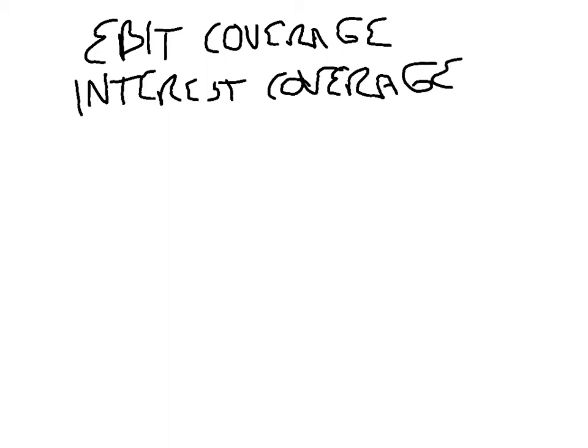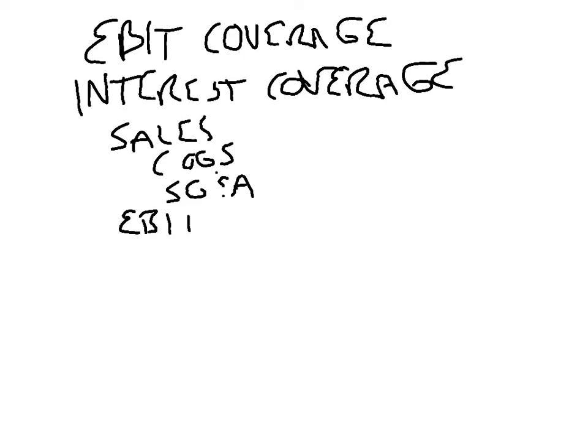And what we're doing here is we're saying, okay, in an income statement we have sales, then we have our cost of goods sold, then we have our SG and A expenses, right? And after all that, we will have our earnings before interest and taxes, right?